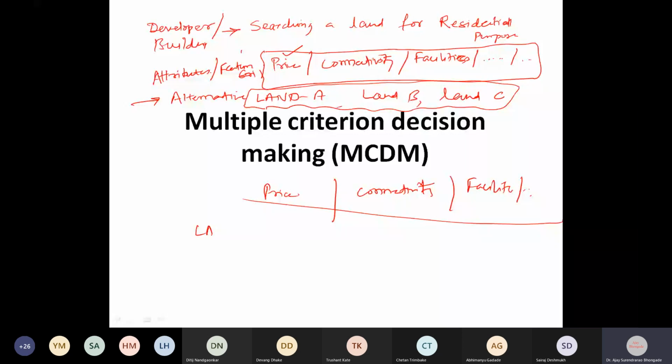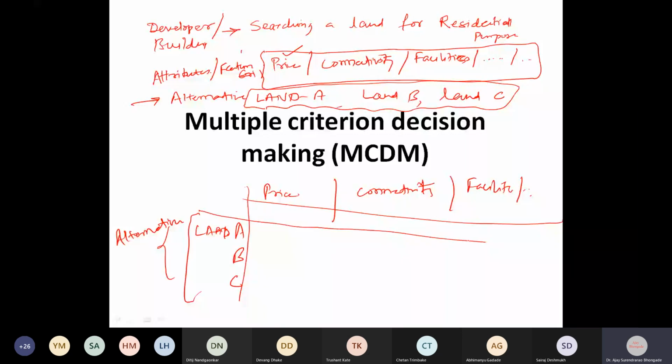So option A, option B, option C are the various alternatives available. You have to compare those alternatives based on price, connectivity and facilities, and then select the best alternative. So you may have to select A or B or C.